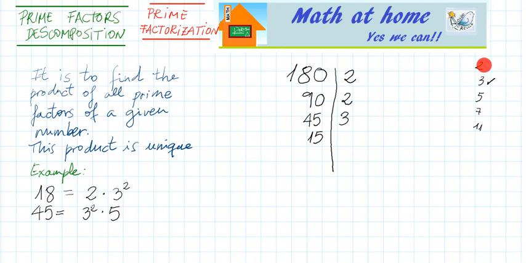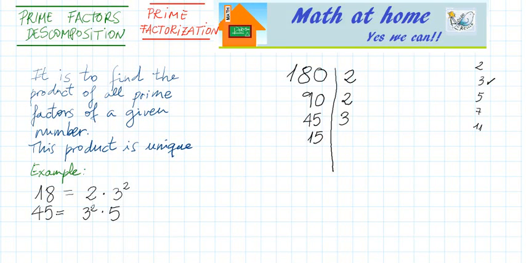No, because we have found that 45 is not divisible by 2. If 45 is not divisible by 2, then 15, the quotient of dividing 45 by 3, is again impossible to be divisible by 2.